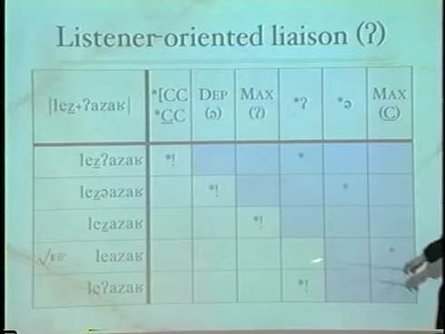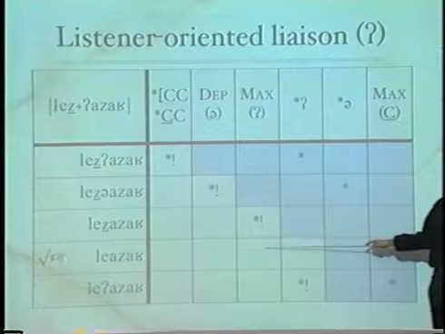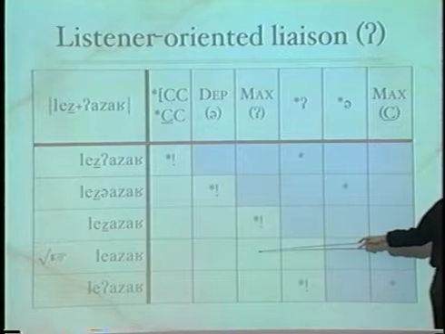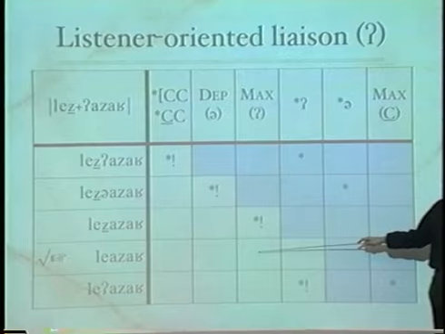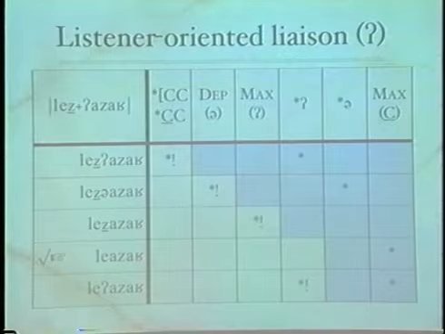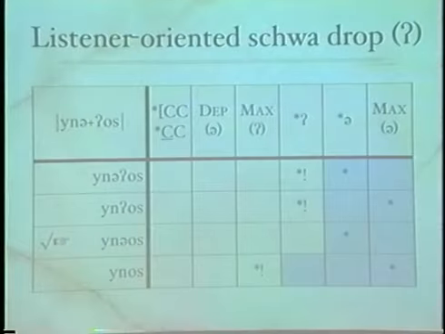Well, les hasards the same. This form used to violate max glottal stop, making this the optimal form. Now it doesn't in a listener-oriented view, so this becomes the winner, and the correct winner. And now for une hausse.